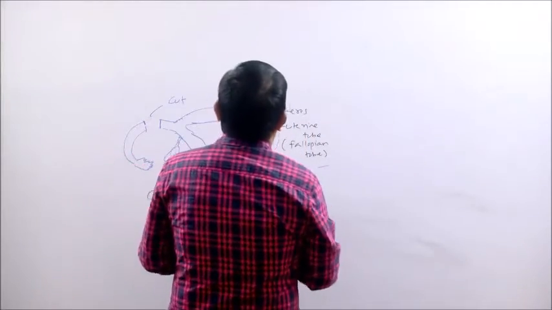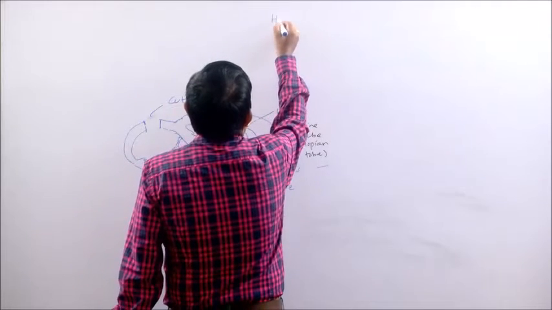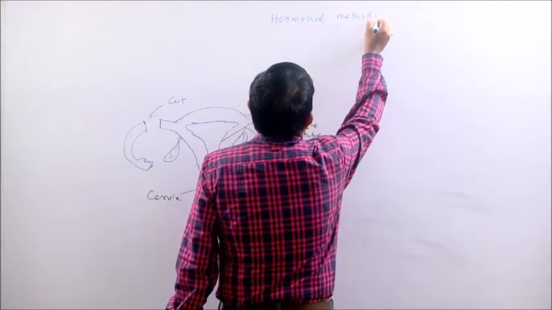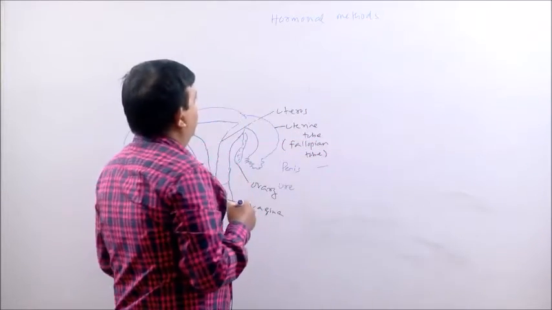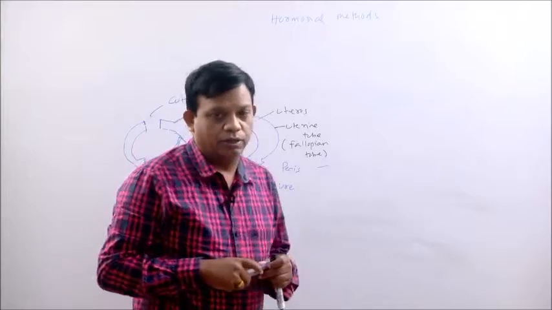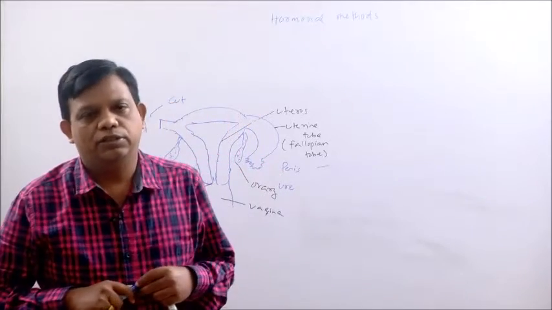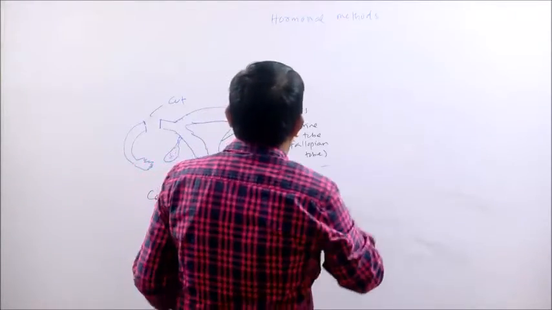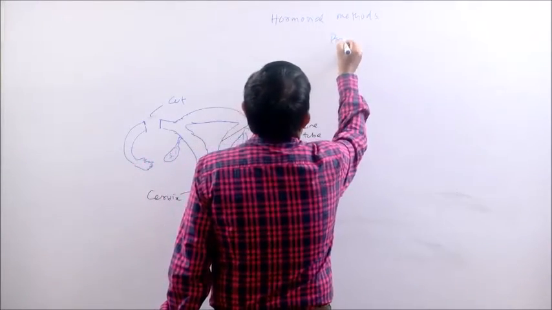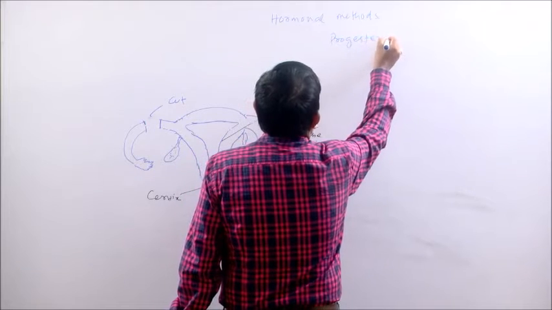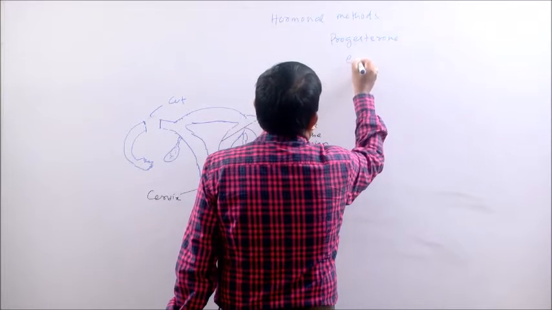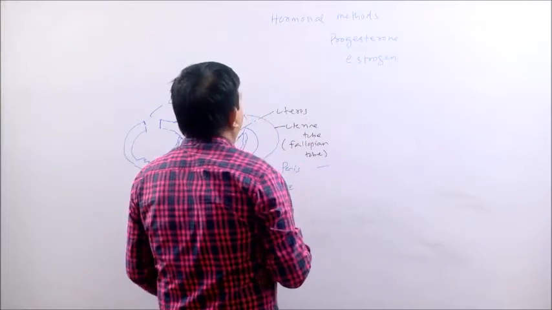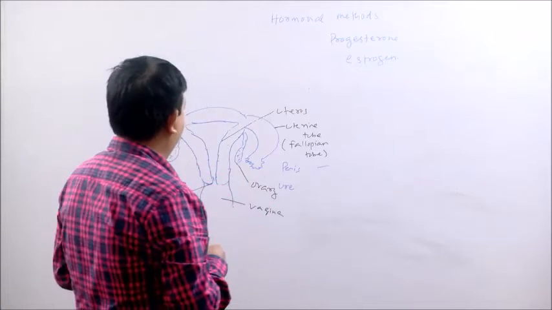Next we have hormonal methods. In hormonal methods, hormones are used, progesterone and estrogen, or their synthetic versions. These hormones are used in this hormonal method for birth control.